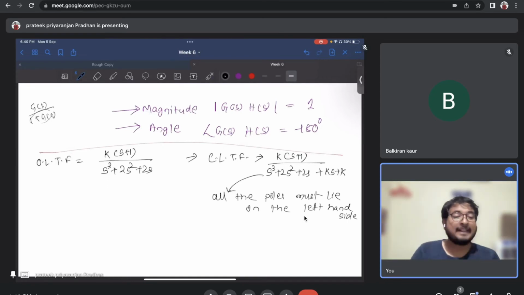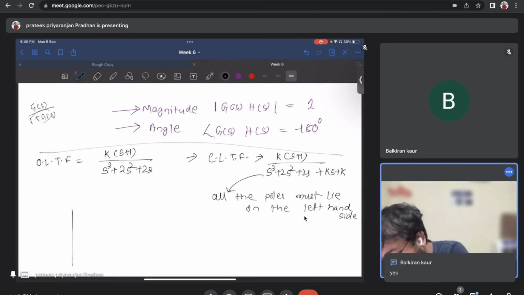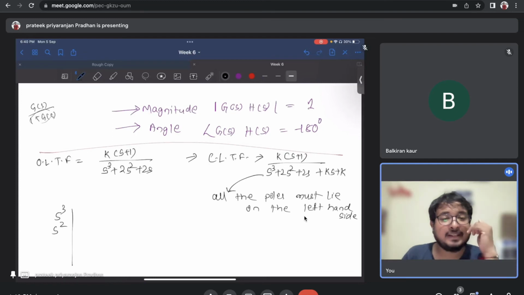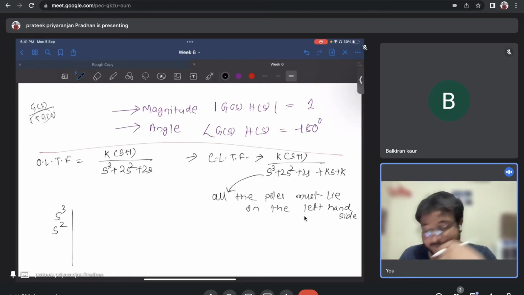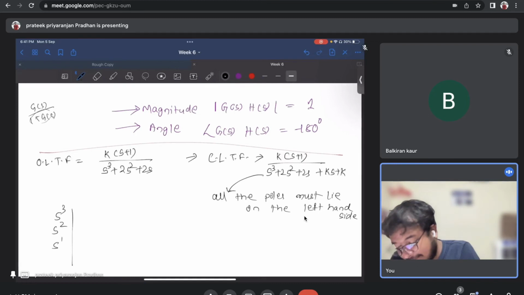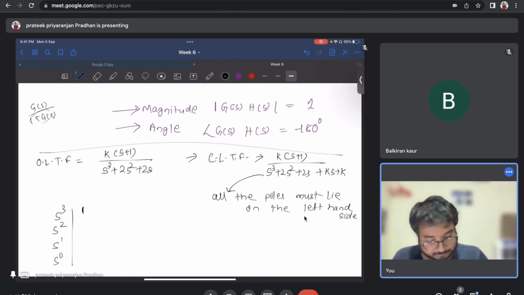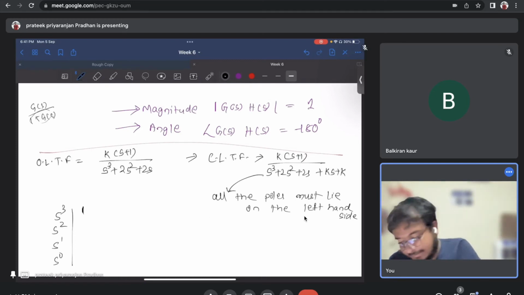To get that, we already know the Routh array, which we used in the last class. So let's draw the Routh array and find out what is the condition. Just looking at it, Balkiran, can you say what is the condition on K? Okay, that's a shortcut, don't rely on that. So this is 1, and this will be K plus 2, and here for S square it's K.